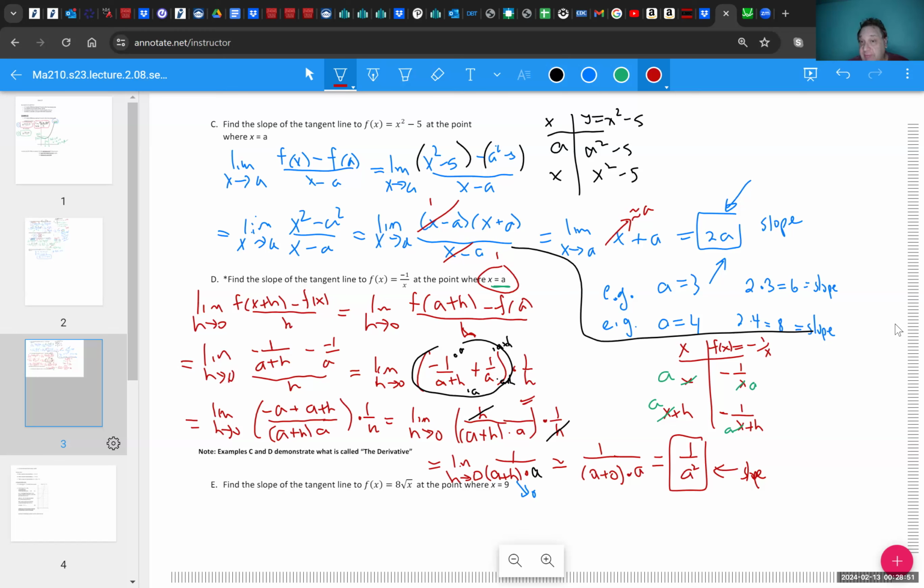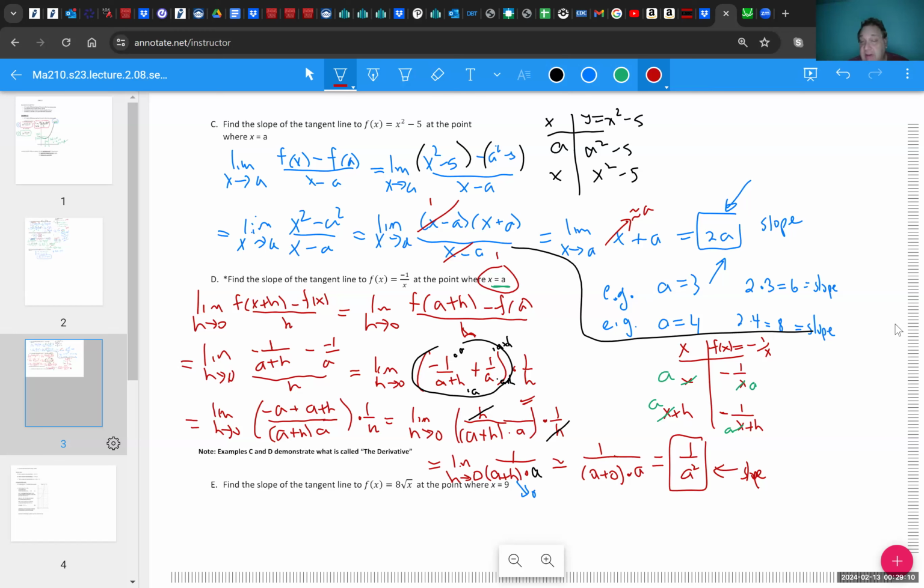So just say the derivative and leave off any other moniker, because we can use this formula to find the slope of any tangent line, any instantaneous rate, as long as you give me the specific value that we're looking for. So whatever value of x we're looking for, you throw it into the formula, and that will give you the slope.